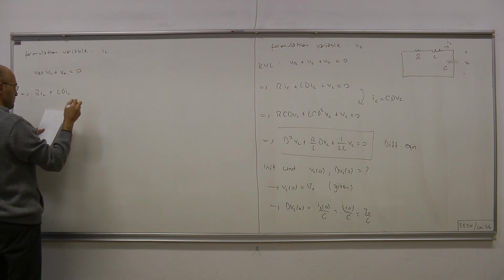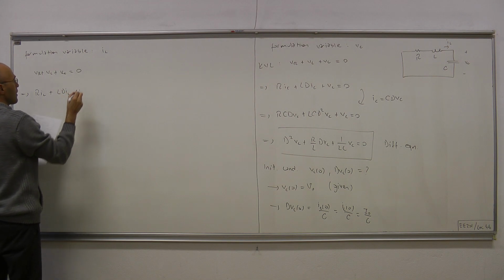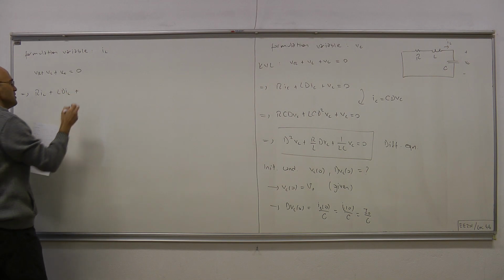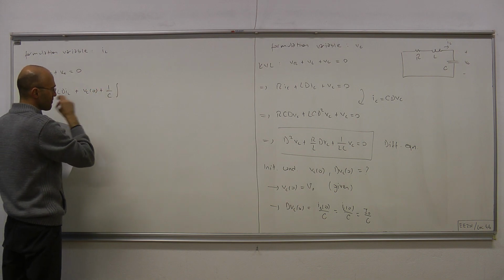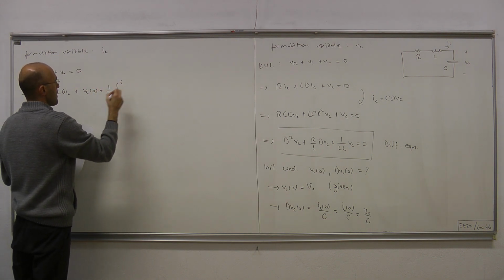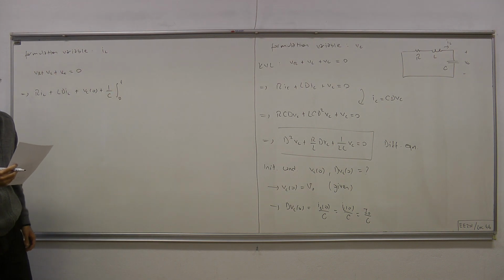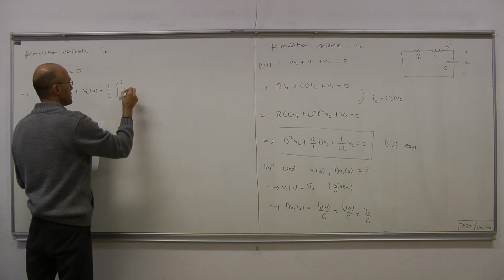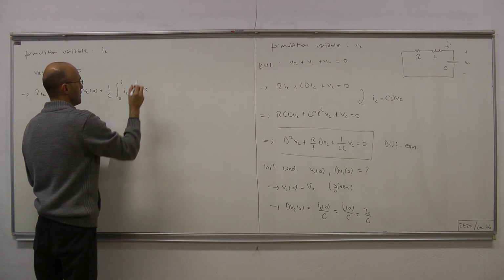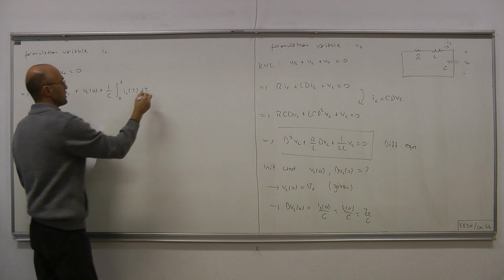And we have VC. What's VC? VC is VC(0) plus 1 over C integral from 0 to t of IC(tau) d tau, and IC and IL are the same, so we can put IL inside the integral.